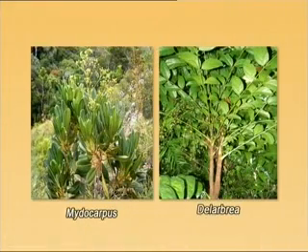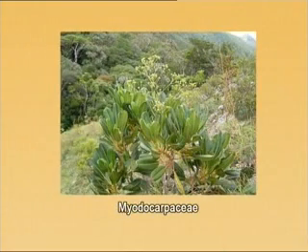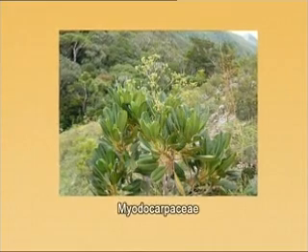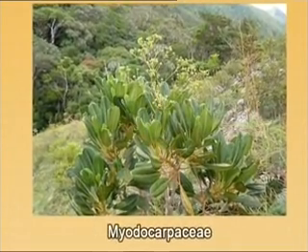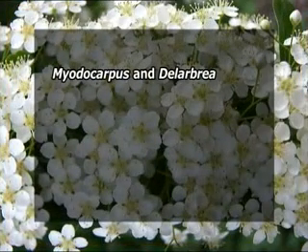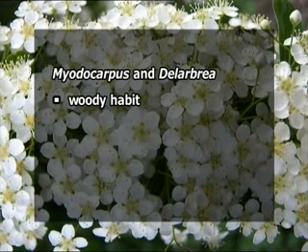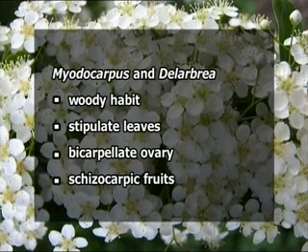These two genera, Myodocarpus and Delarbrea, are sometimes placed under a separate family, Myodocarpaceae. Some of the authors believe that it represents a remnant of a basal taxonomic complex, which is characterized by a woody habit, stipulate leaves, a bicarpellate ovary, and lastly a schizocarpic fruit.